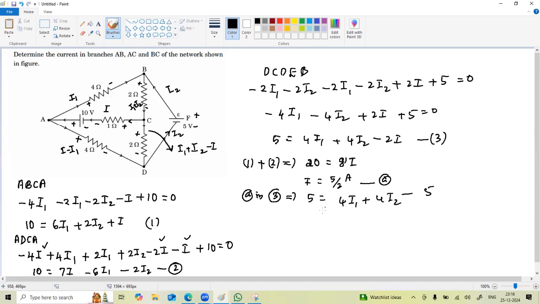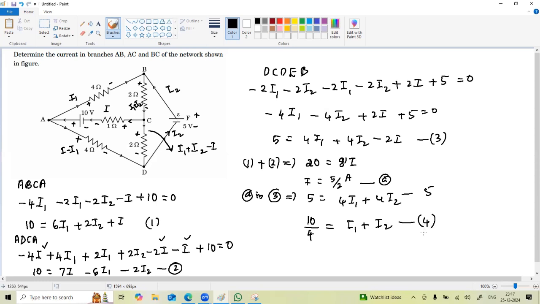So this 5 will go to the left side, 10. So divide by 4, simplifying 10 by 4 equal to I1 plus I2. So 10 by 4 is 5 by 2. So that's equation number 4.